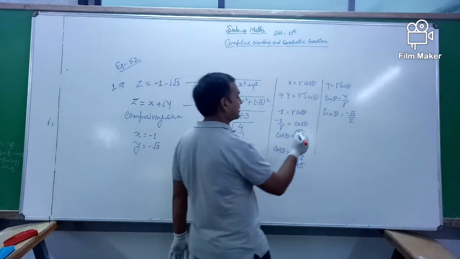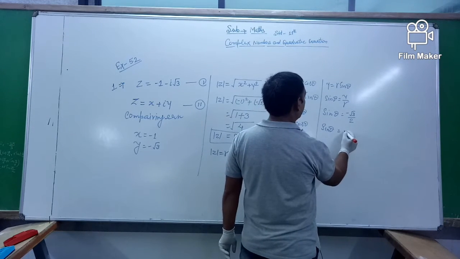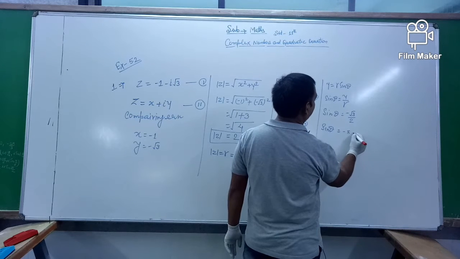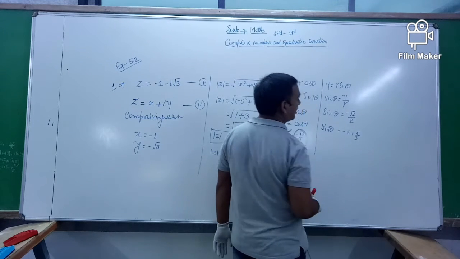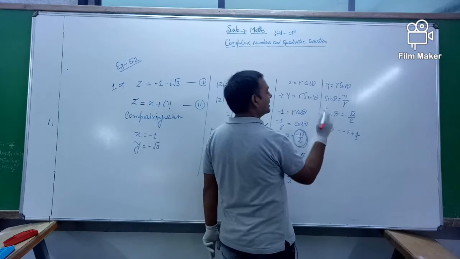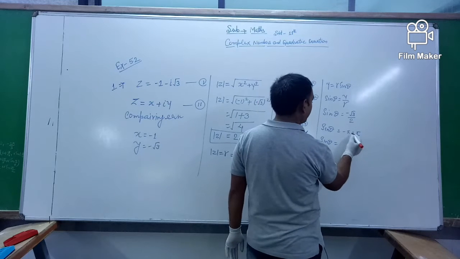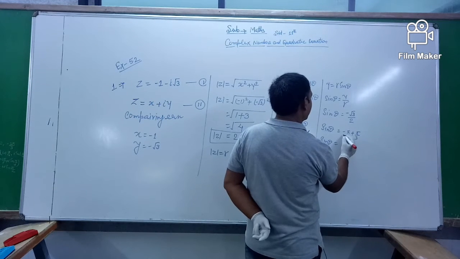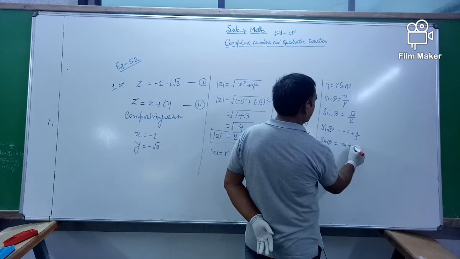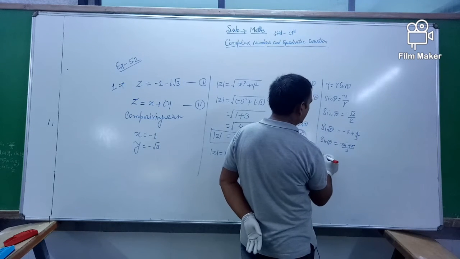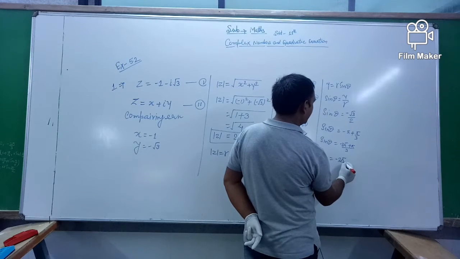Same condition here also, sin theta is equal to minus pi plus pi by 3, because this is the value of 60 degree. So theta is equal to minus 2 pi by 3.